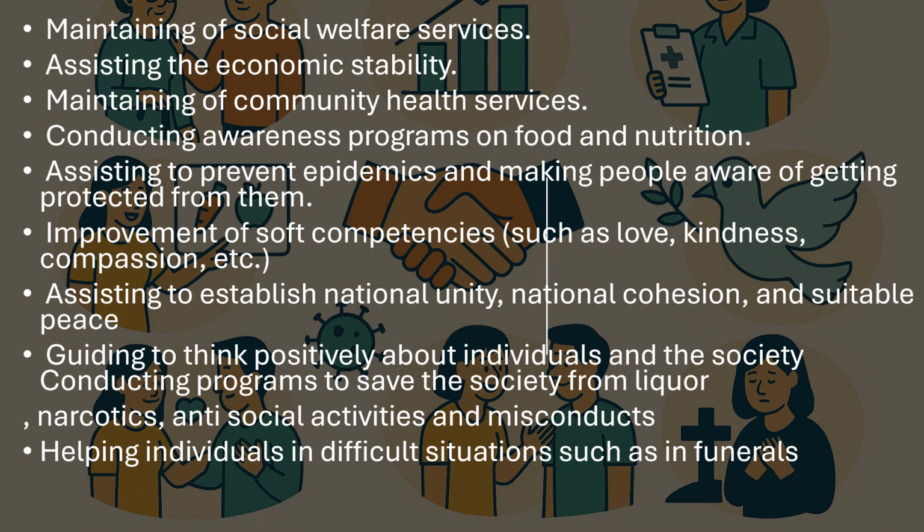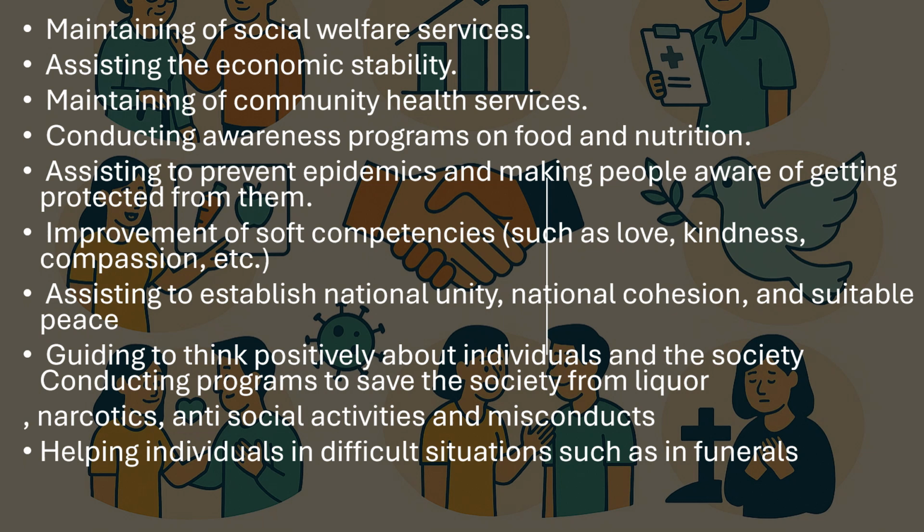Now we have some more points. First one is maintaining of social welfare services, assisting of economic stability, maintaining of community health services, conducting awareness programs on food and nutrition, assisting to prevent epidemics and making people aware of getting protected from them, improvement of soft qualities such as love, kindness, compassion, etc. Assisting to establish national unity, national cohesion, and suitable peace.